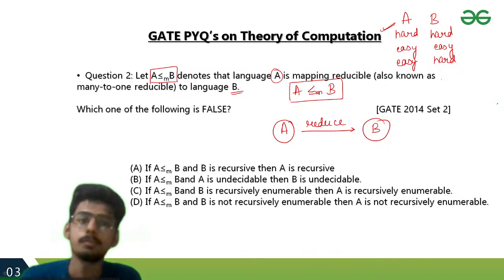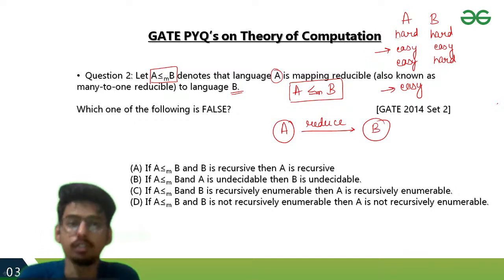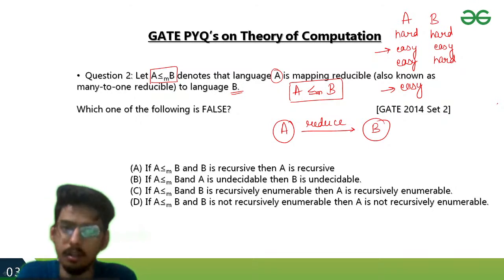Let's suppose A is easy, then you have this condition and this condition which I have already discussed. So if A is easy, then B can be either easy or hard. Why?